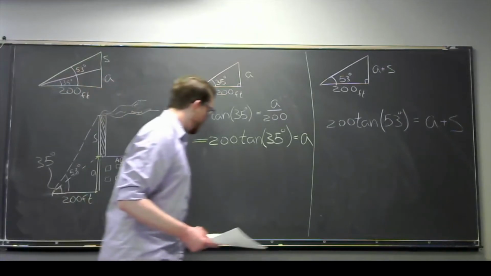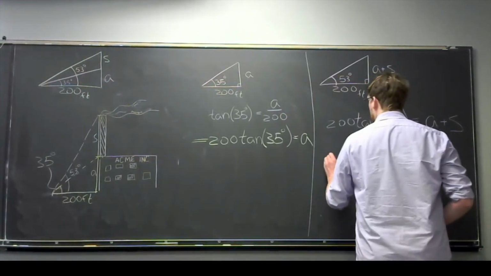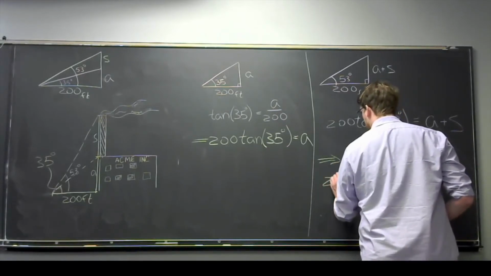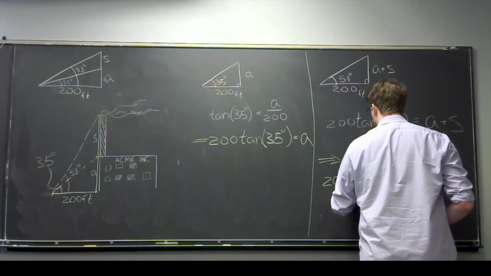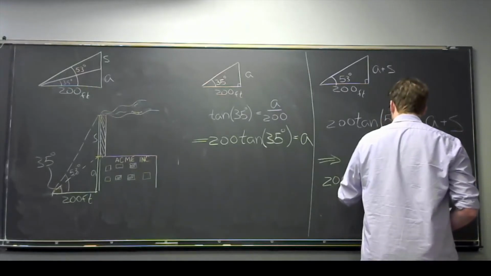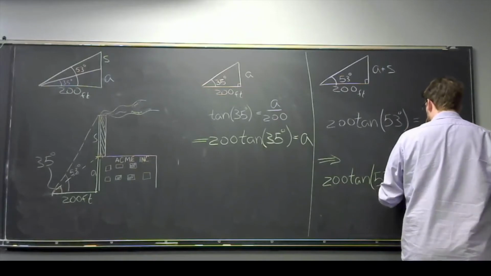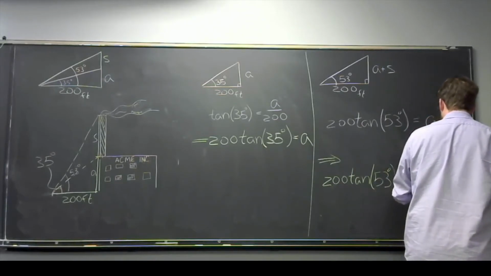When we do that, we find that 200 feet times the tangent of 53 degrees minus A is equal to S.